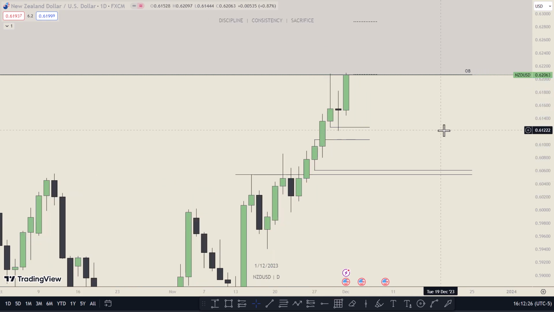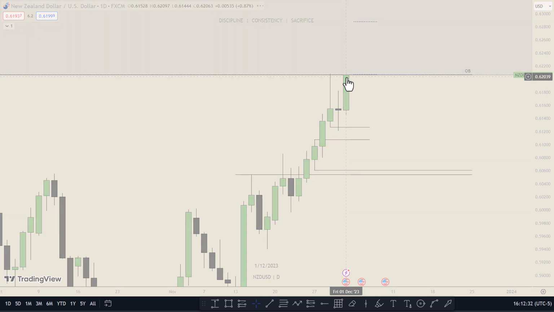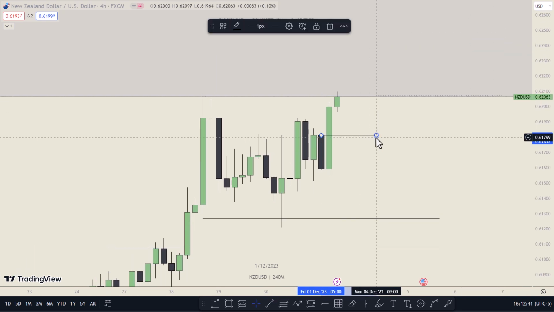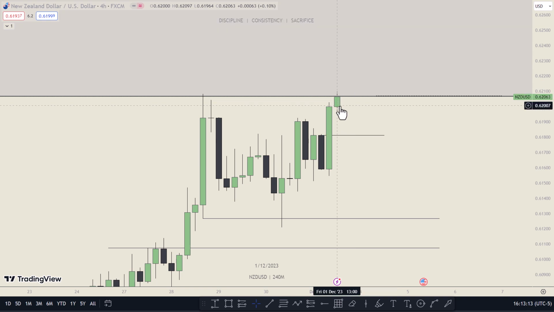So this pair right now, as I said, is in premium, in extreme premium, and I will not rush anything. So I'm looking for this order block right here. If price retraces to here, I will look for the 15-minute to turn bullish and see if it's aligned with time, and we actually have targets right here, low resistance liquidity to target.